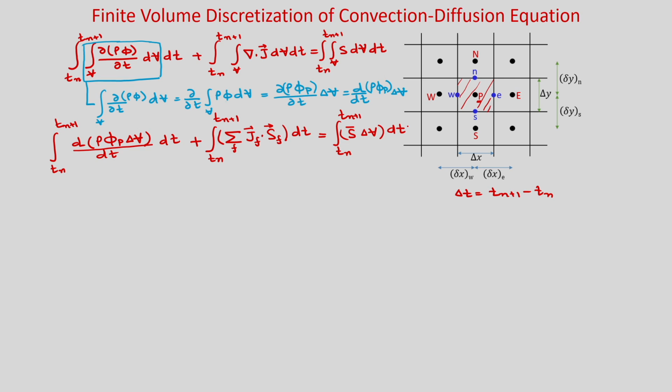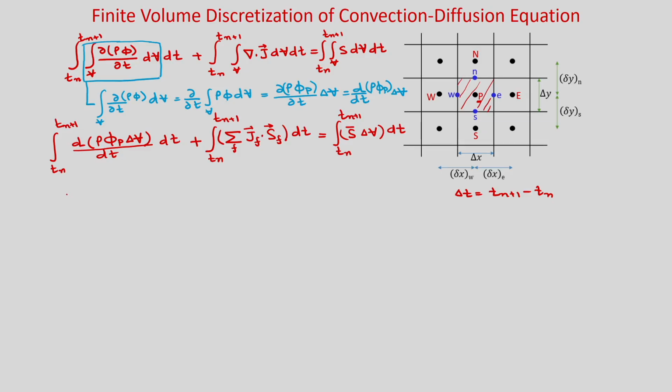Now you have to integrate over the time, but we will take some average at some time tau between T n and T n plus 1, because values are not available in between, only values are available at time T n and T n plus 1.